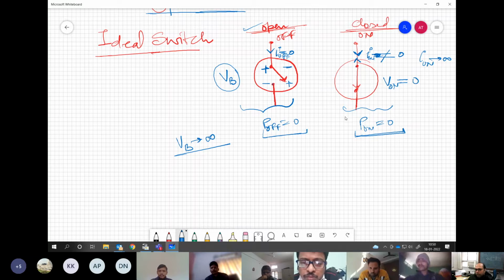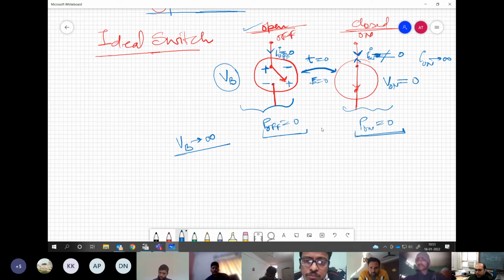Another characteristic of an ideal switch is that going from one state to another state is instantaneous. The time taken for this transition is zero. Correct? The energy involved for this transition is also zero.